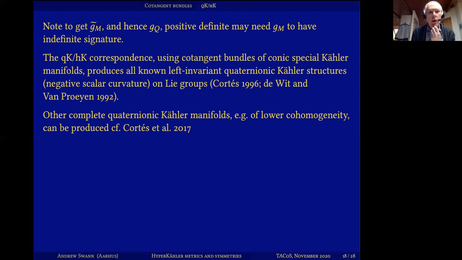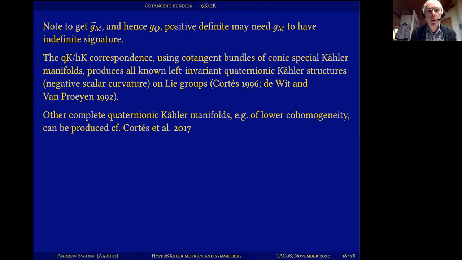And so de Wit and Van Proeyen, from the physics side, first gave some concrete information in this direction. There's earlier work of Cecotti and Ferrara and so on. But the de Wit and Van Proeyen work was remarkable because it showed that the original classification that Alekseevsky had given of quaternionic-Kähler structures on completely solvable groups was missing one family.